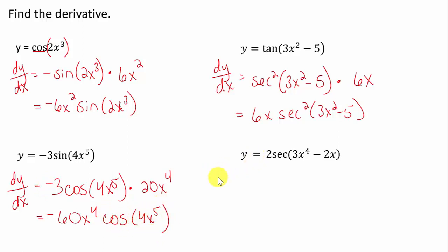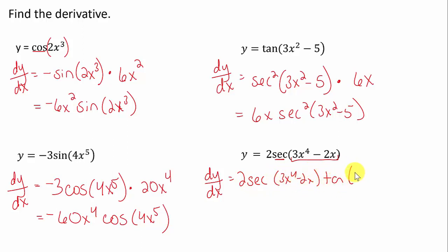Okay, last example, we're going to have the derivative here. The 2 is going to stay here, but the derivative of secant x is secant x tangent x, where this represents the x, so that's going to be the same in both trig functions. So the derivative of secant is secant, this is all going to be the same, tangent.